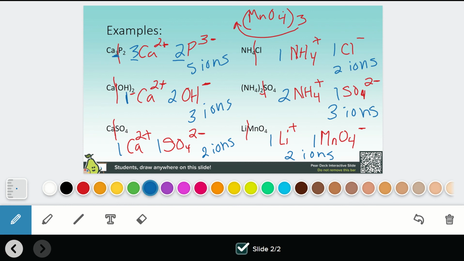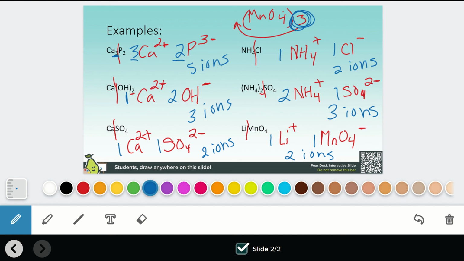Okay, so hopefully that's making sense. We're seeing how we can divide these things up, how we get these ions. Again, it's going to be really helpful to be checking those polyatomic ions, making sure you got the correct charge. And anytime you have those polyatomic ions, if it has parentheses around it, then that number outside is going to be what you can move.